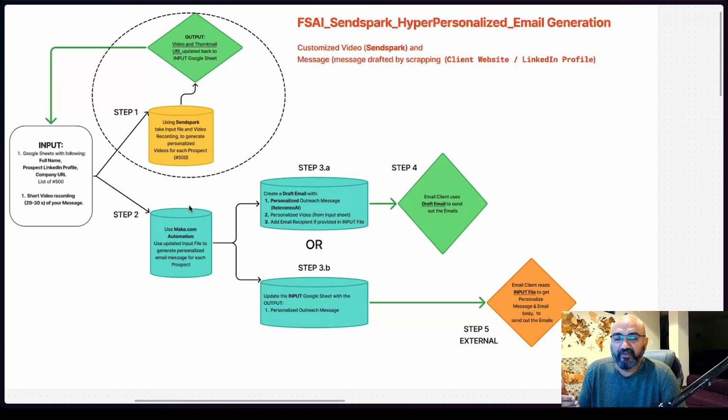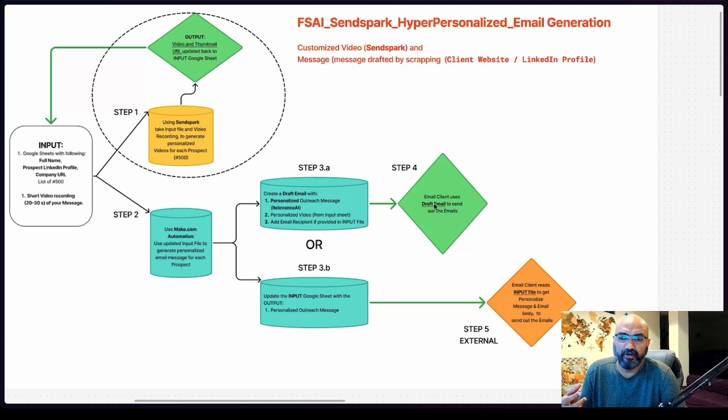Step two is where we are actually creating the hyper personalized content of each of these emails. So now, using the same input sheet, we're going to look into the make.com automation. I've set it up here. A similar thing can be done using N8N or any of these others. But basically, what it does is, for each of the contacts, it calls an agent in Relevance, and it creates that message.